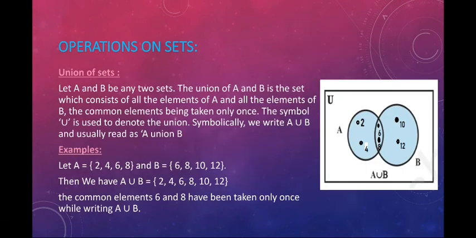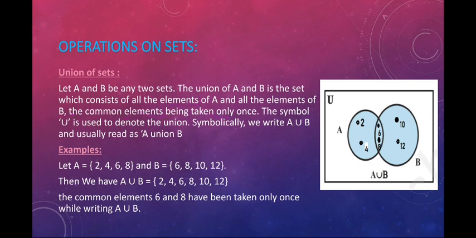Now next we will discuss the operations of sets and the Venn diagram related to that operation. Union of sets: let A and B be any two sets. The union of A and B is the set which contains all elements of A and all elements of B, the common elements being taken only once.